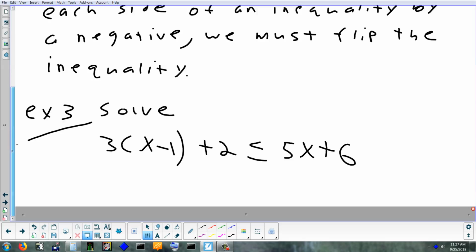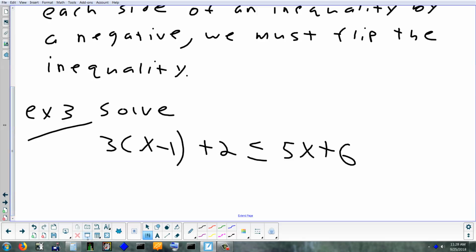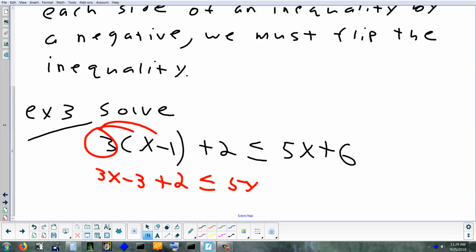So, Jarek, what would be my first step here? To distribute the 3 to the x minus 1. Yep. So we'll distribute the 3. Can you tell me what you get when you do that? You get 3x minus 3. 3x minus 3. And then everything else stays the same.